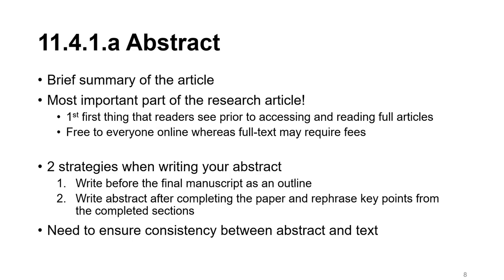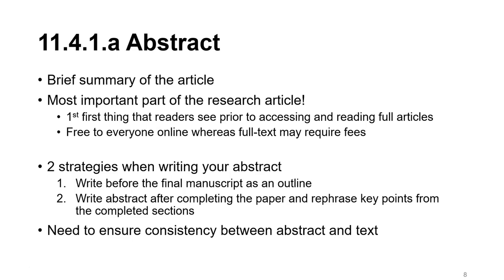When you write your abstract, particularly if you write it at the beginning or at the end, or even if you submit it to a journal and they ask you to make changes, you want to make sure that there's consistency between the abstract and text.